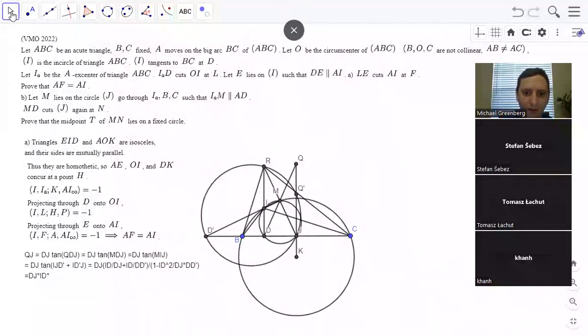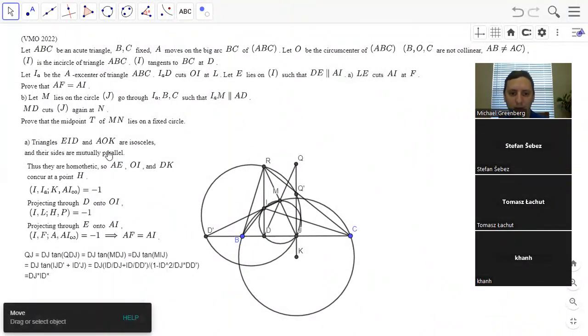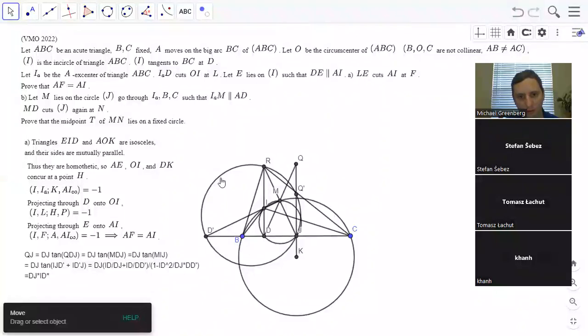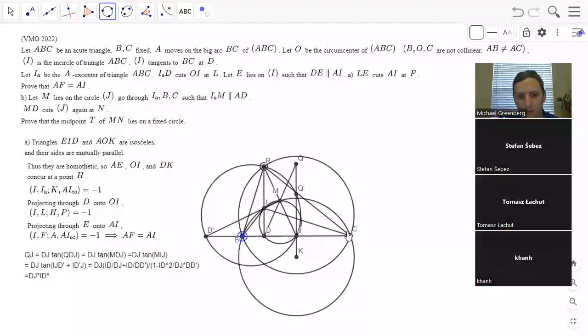I just needed to observe one thing for it to work. So we invert at J with that radius JB, and this circle RJD prime is actually as it is right now. It isn't very pretty. However, if we intersect that circle with RBC, we will get that the intersection point lies on RD.